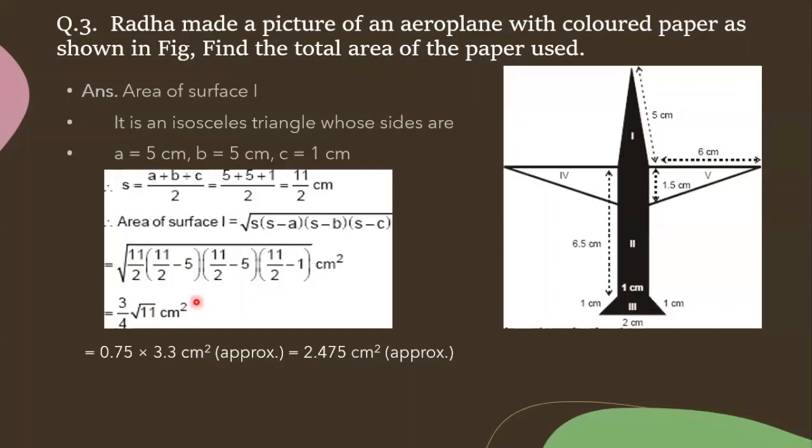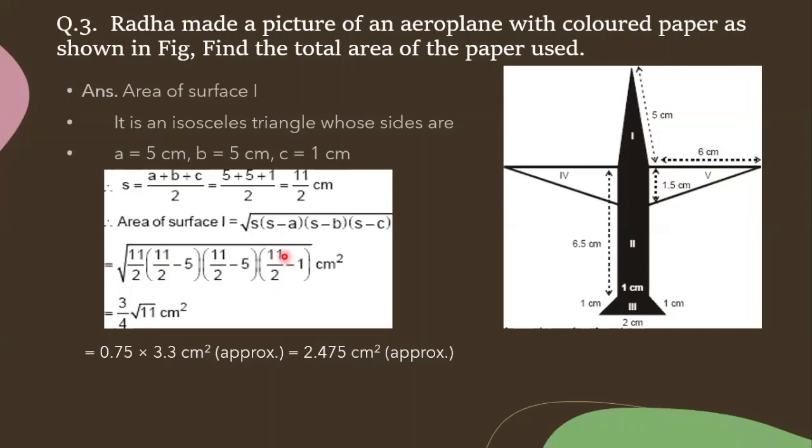In these three parts we take LCM. When I take 11 by 2 minus 5, 11 by 2 minus 5, I'm getting half into half. Okay. 11 minus 10 by 2, 11 minus 10 by 2, that is half into half. So half squared, that will be 1 by 4, and the root of it, 1 by 2, will come out.